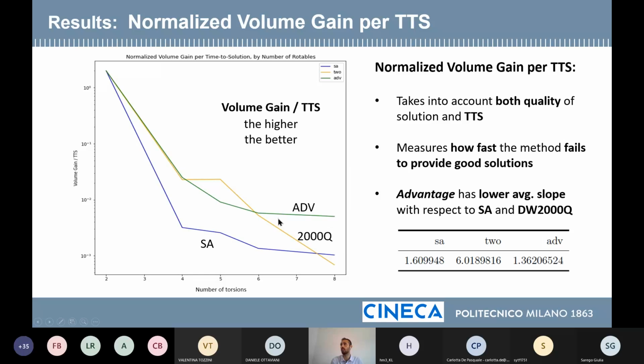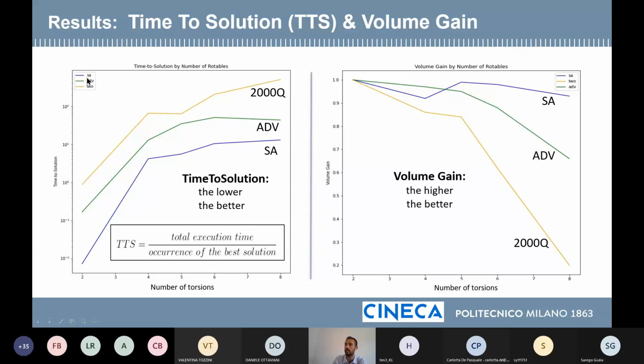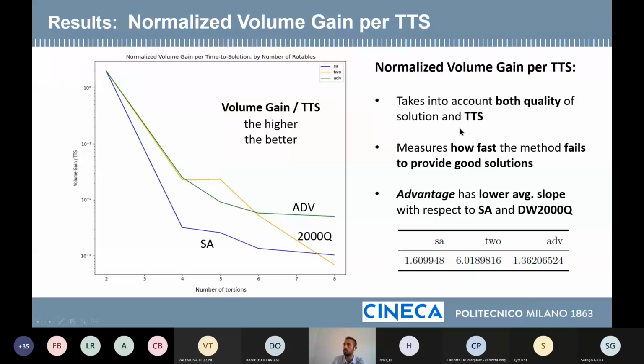So we came up with this metric, the normalized volume gain per time to solution. It takes into account both the quality of the solution and the time to solution, not only these two taken separately, but both of them. Basically it's something like a measure of how fast the method fails to provide a good solution.